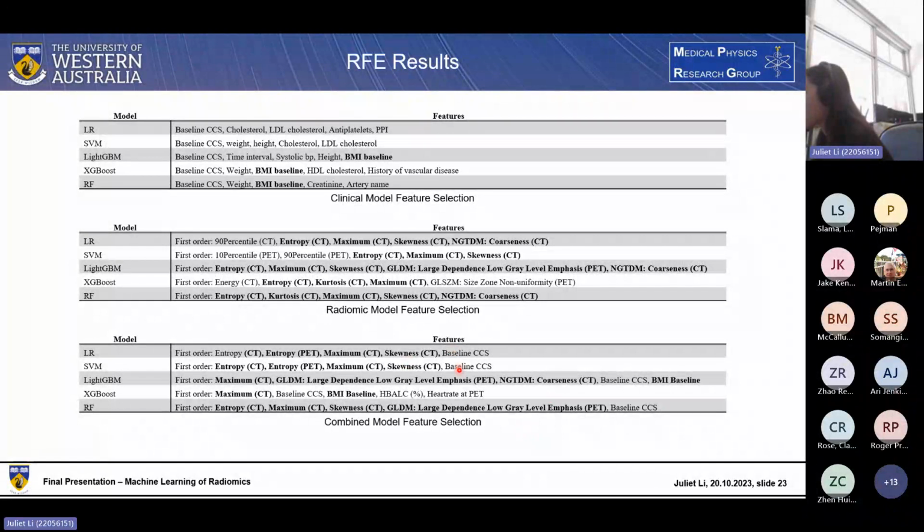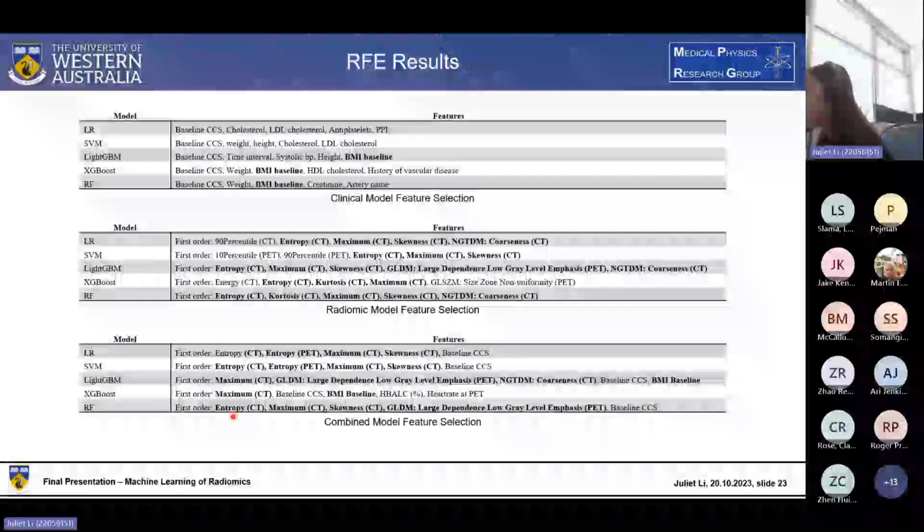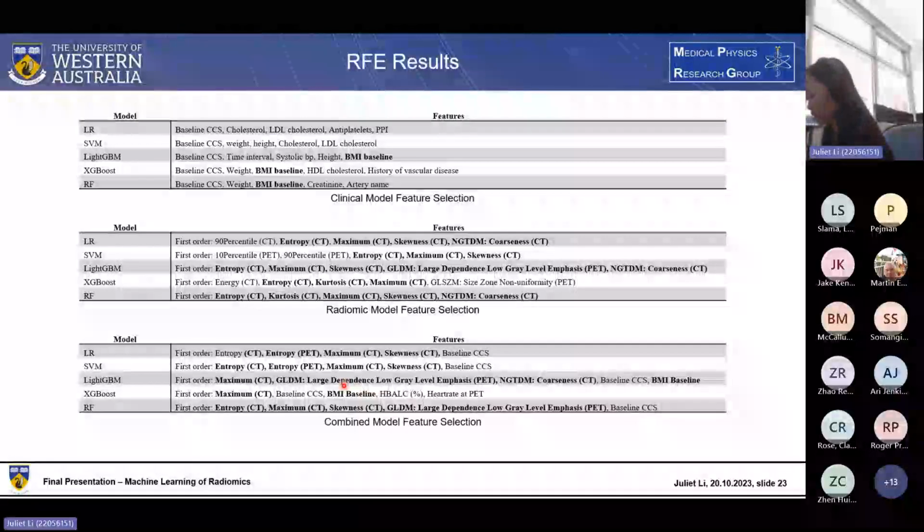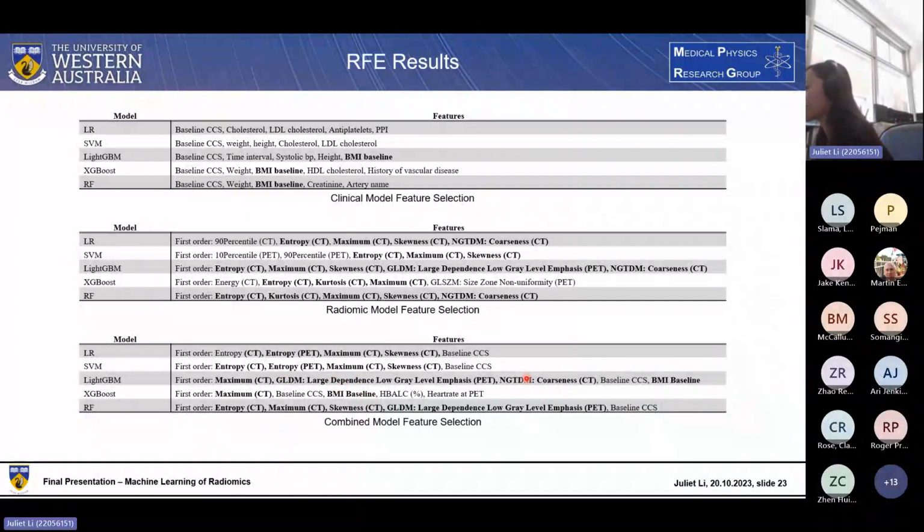As you can see, baseline calcium score is selected by every single model, and it also was the most important feature to predict the follow-up calcium score. And the radiomics features were selected a lot more often than clinical features in the combined recursive feature selection results. The features that were selected multiple times across different models are highlighted in bold fonts. I will have more discussion on this in the later slides.